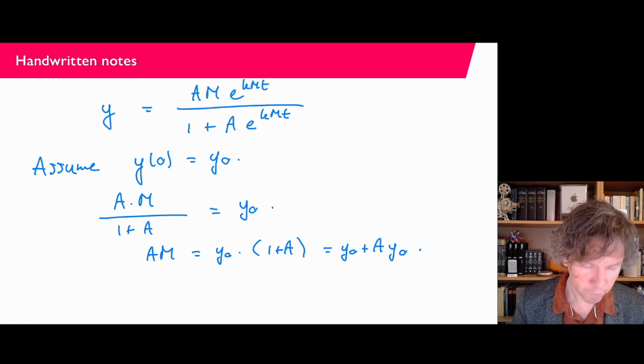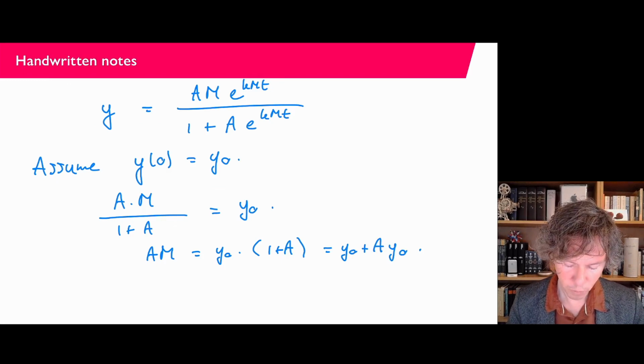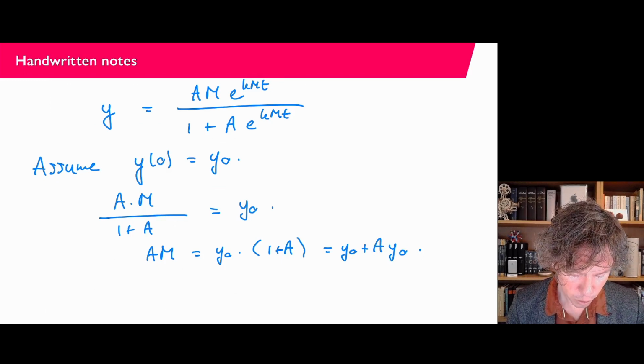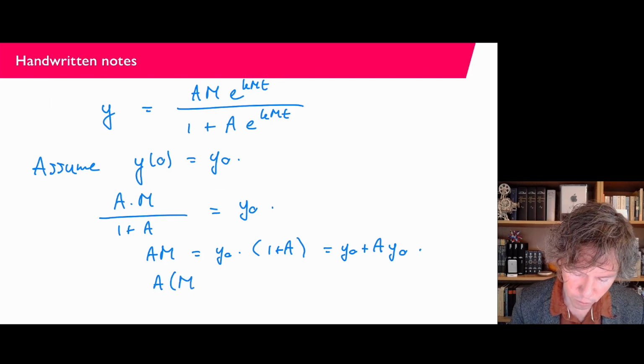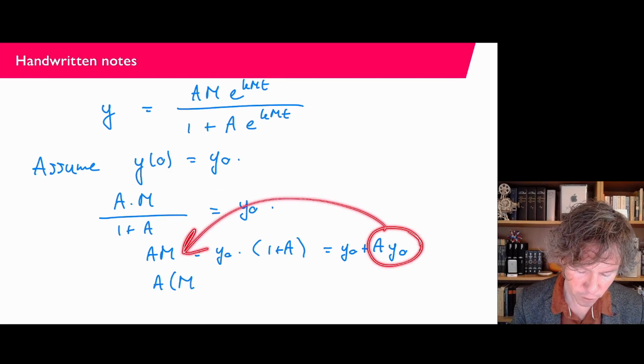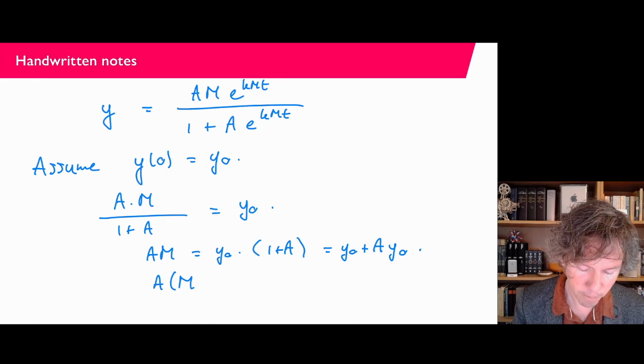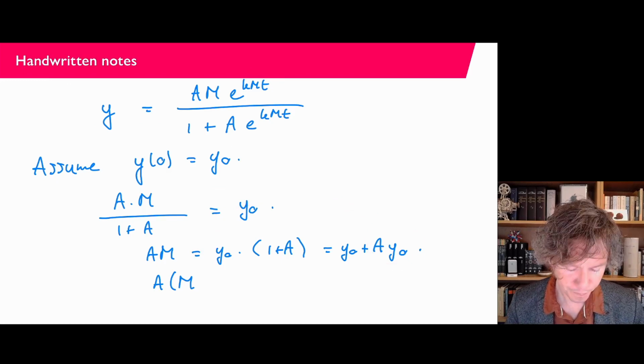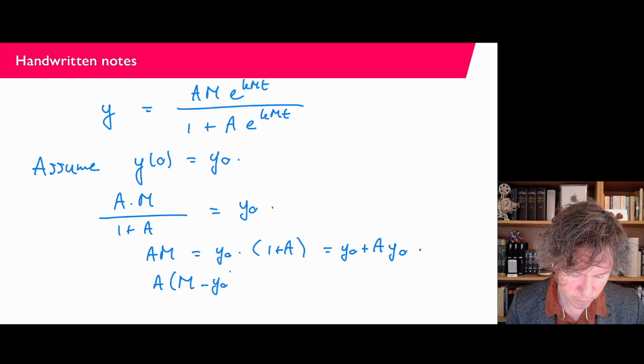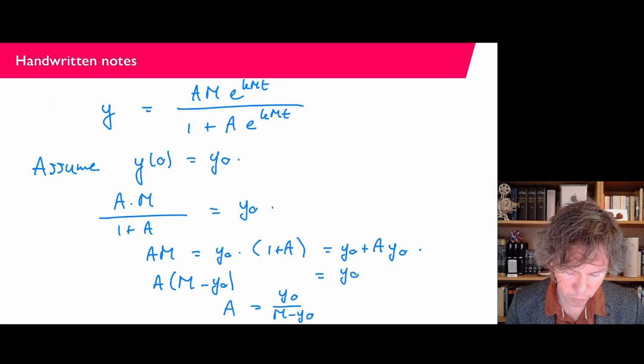So what I find, let's see, I'm trying to compute a here. So I have that a m, and I'm going to move this one to the left side of the equation. So that's going to give me a times m minus y0 equals y0. So a is y0 over m minus y0.